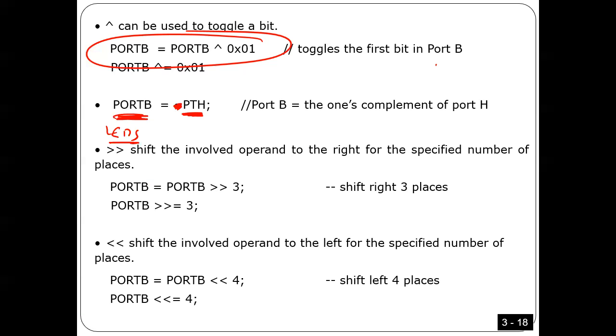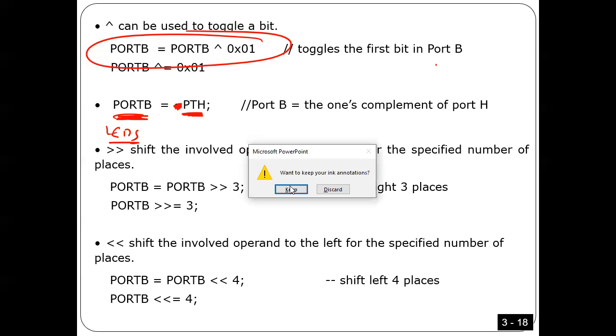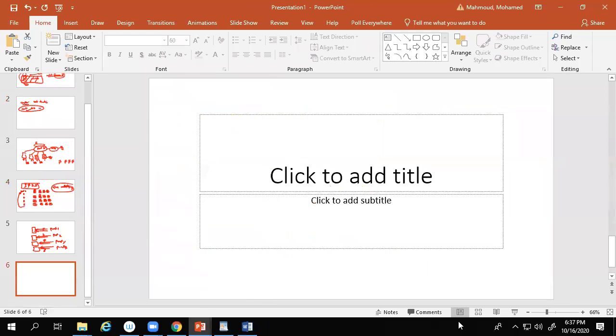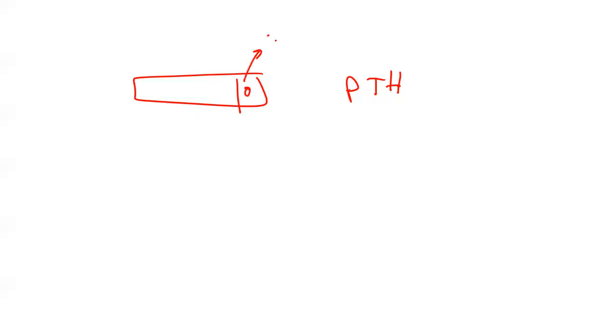How does it work? I'm going to give you more details later, but this is how it works, guys. This is PTH. If this bit is zero, that means the switch is closed. So if you connect the switch, it's going to give you zero.